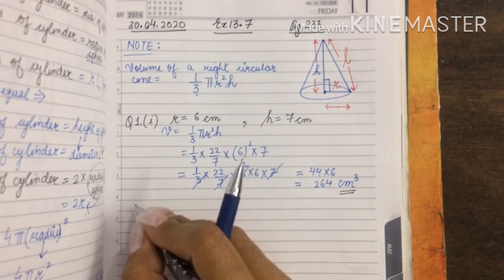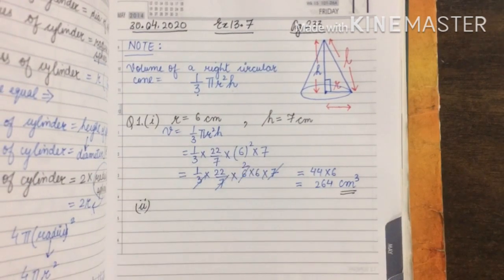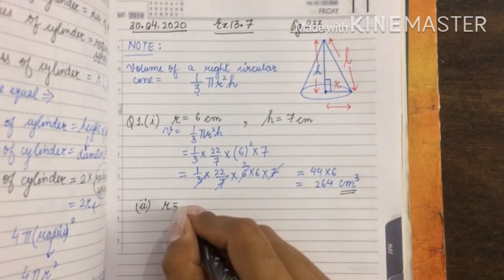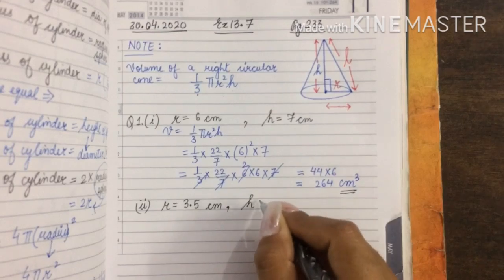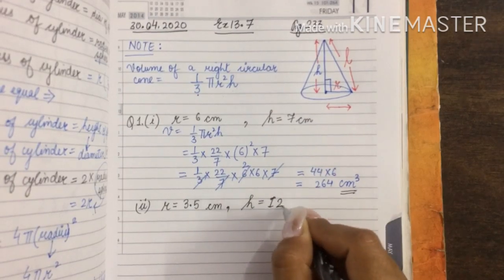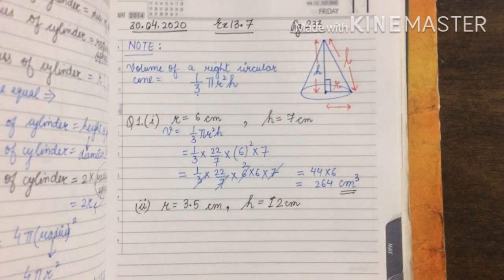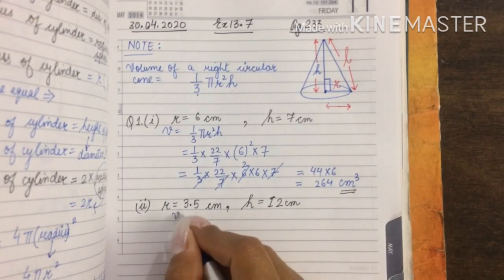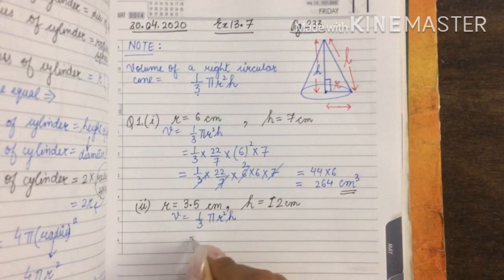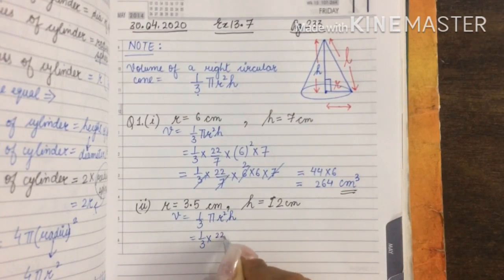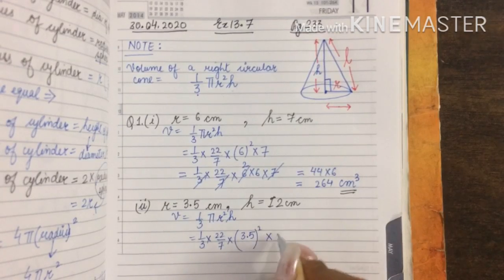Now let us do the second part. Second part, the radius is 3.5 centimeters and the height is 12 centimeters. Again, direct application, 1/3 pi r square h, 1/3 into 22/7 into the square of the radius into the height. Let's simplify.